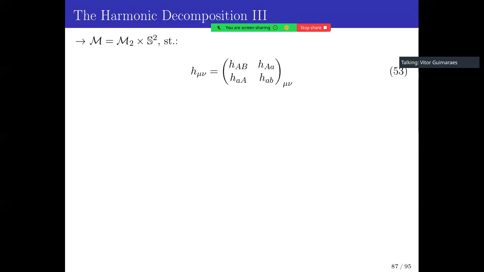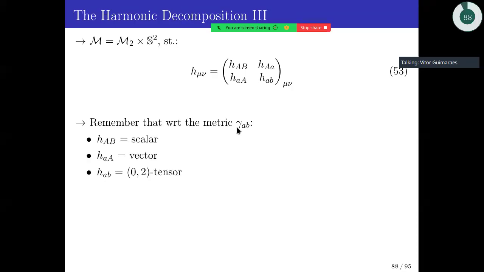So let's get back to the harmonic decomposition. So we subdivided our manifold, right? In this form, okay? So we're going to decompose our metric perturbation in this way, okay? The same way we did with the previous 0-2 tensor that we saw, right? Remember that with respect to gamma_AB, the two-sphere metric, these components will be scalars, these components will be vectors, and these components will be tensors.